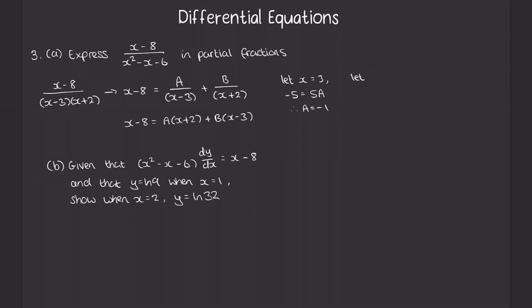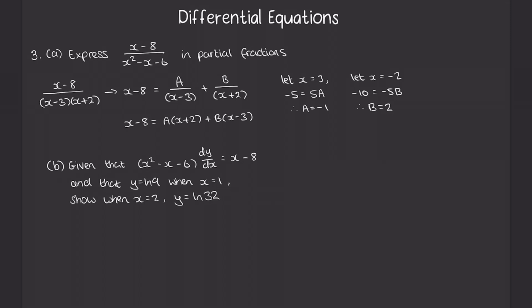And then let x equal negative 2. Negative 2 minus 8 is negative 10, which equals negative 5b. So therefore b is equal to positive 2, right?